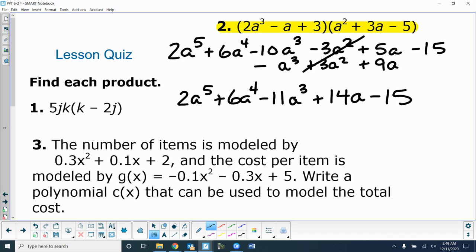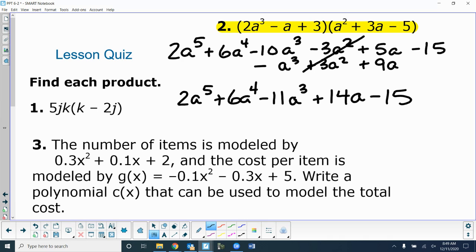I got 12r to the 5th plus 28r to the 4th, and then minus 60r to the 3rd plus 28r to the 2nd. Good. That is correct. Number 24, Sammy Joe. I got x to the 5th minus 5x to the 3rd minus 4x to the 2nd minus x minus 5. The only thing wrong was your second term. It should have been minus 6x to the 3rd, not minus 5.